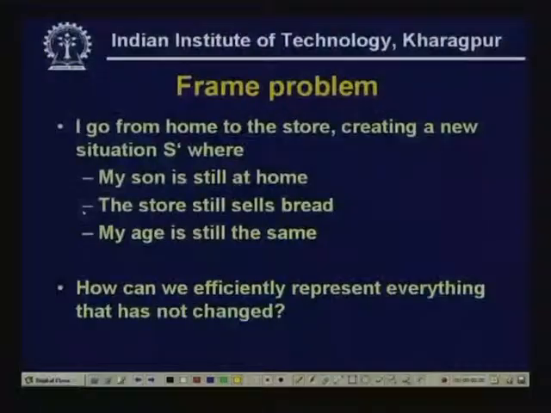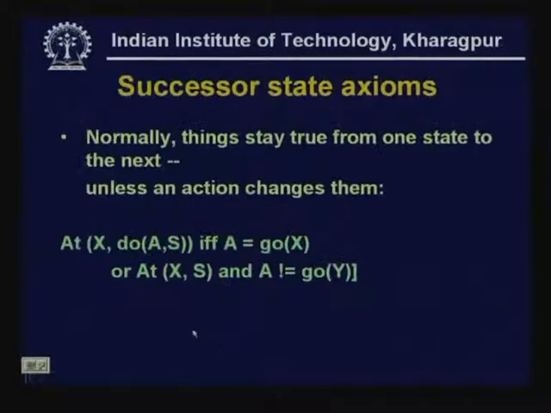What will change is that at home will no longer hold and at store will hold. However, the vast amount of other propositions will continue to have the same value as they had earlier. So this background information does not change. This is known as the frame problem in AI, and we want an efficient representation of it.